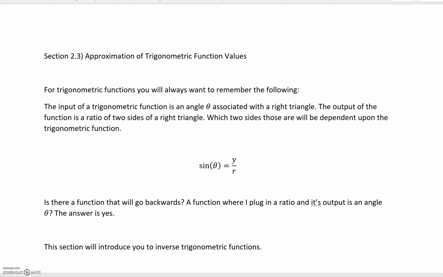So for trigonometric functions, you will want to remember the following. The input of a trigonometric function is an angle theta associated with a right triangle.